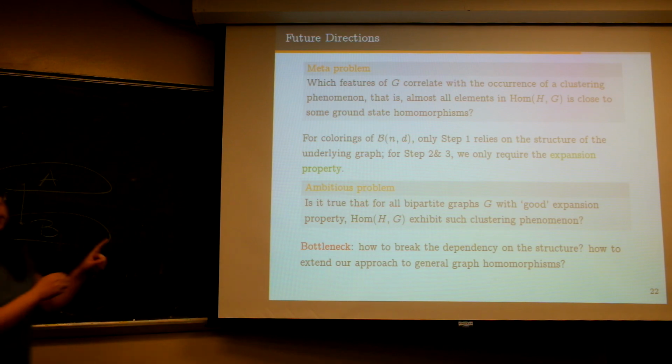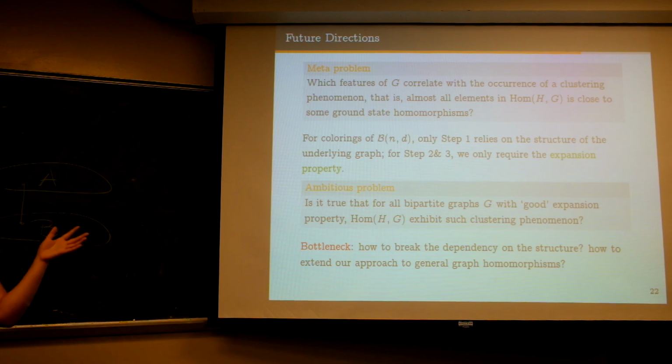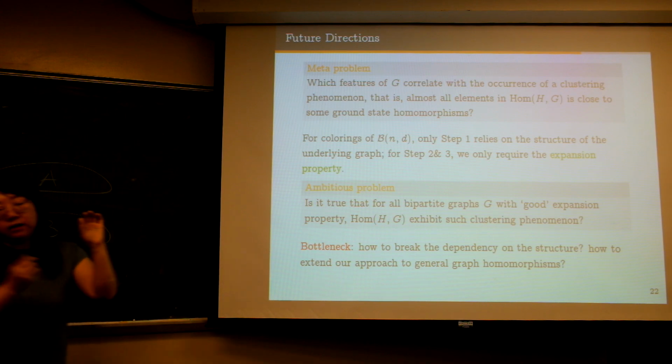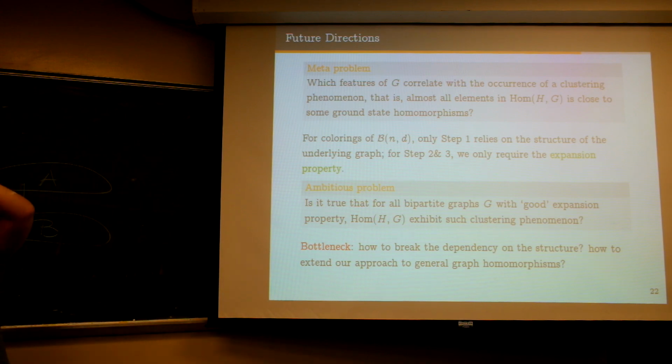And actually, in the Jenssen-Keevash paper, they have a definition for how you define this principal pattern for the general homomorphism. And then it would be the same: you have this two-part principal pattern, where one part only maps into part A, the other part only maps to part B.